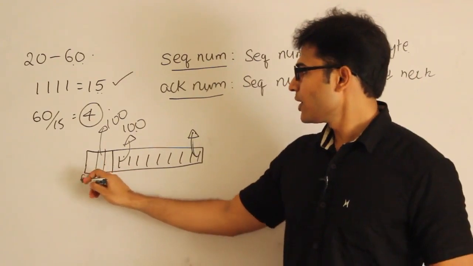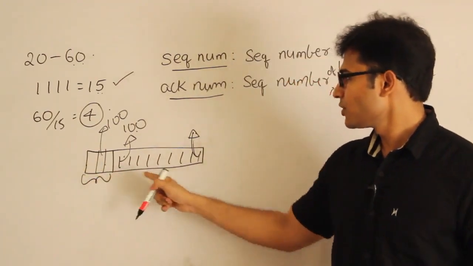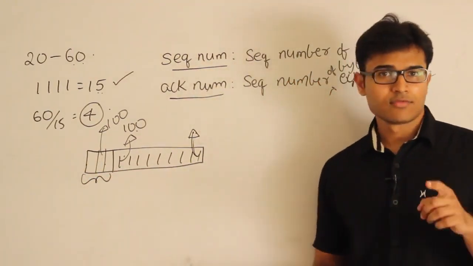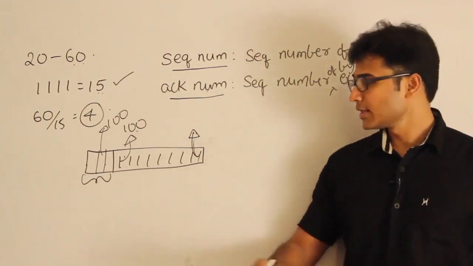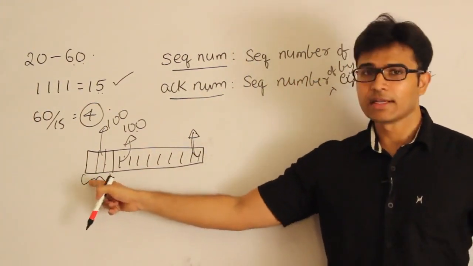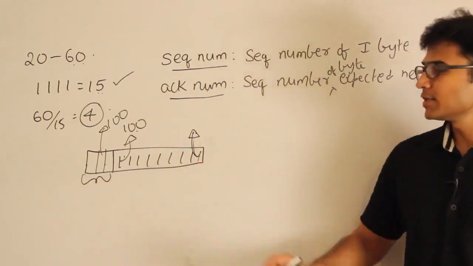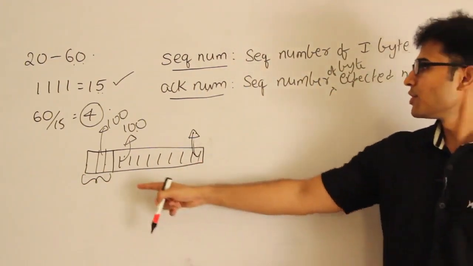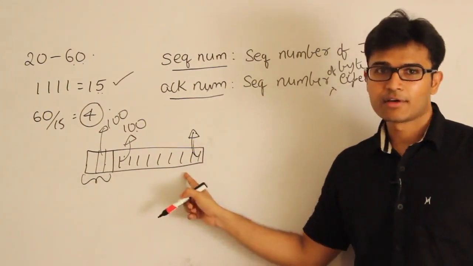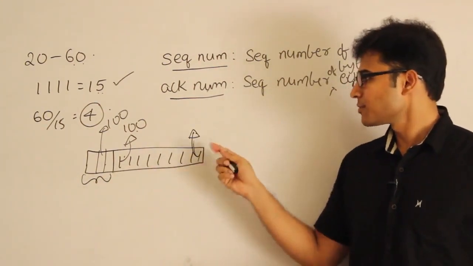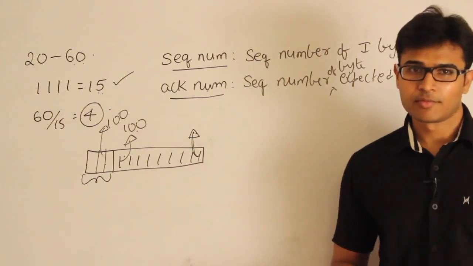We know the header length, but we don't know the total length. Therefore we can know the exact header length of the TCP segment, but we cannot know the total length of the TCP segment. Unless we know the total length of the TCP segment, we cannot guess the last byte sequence number. That is a problem there, right?